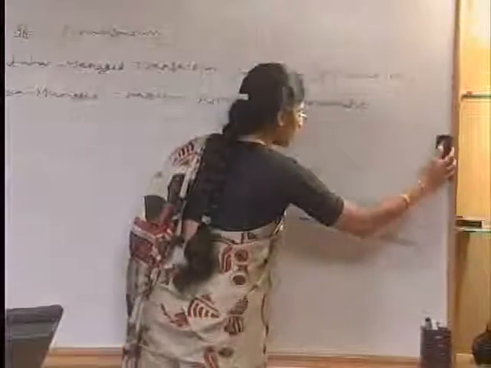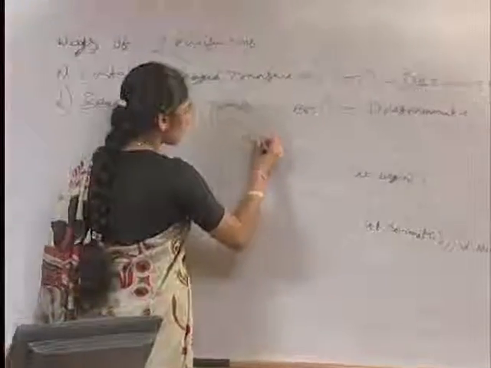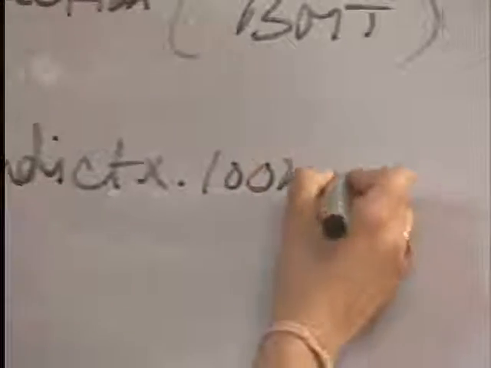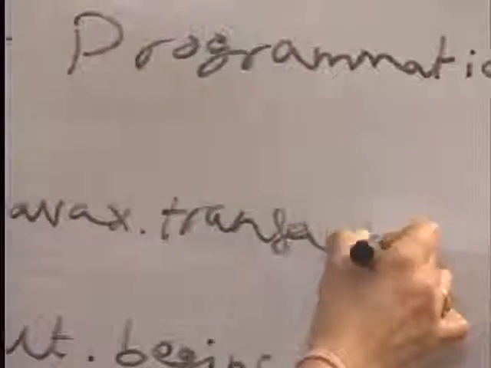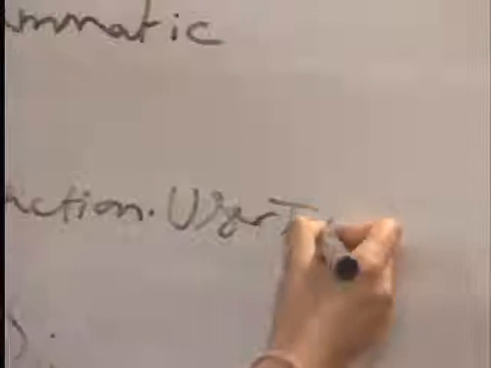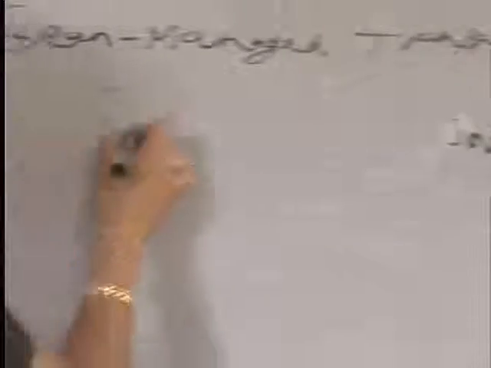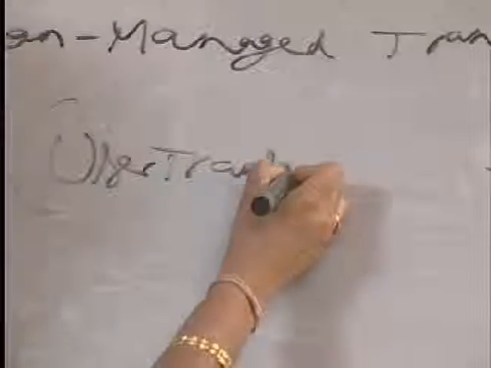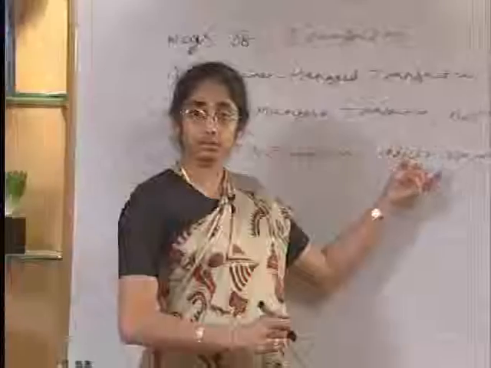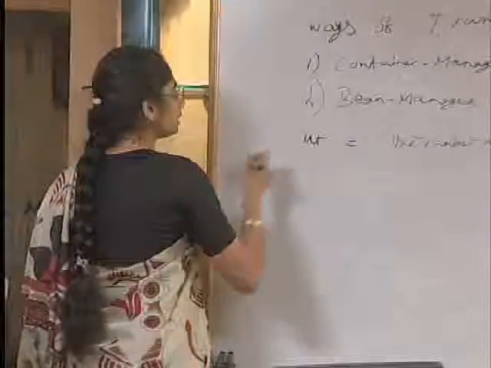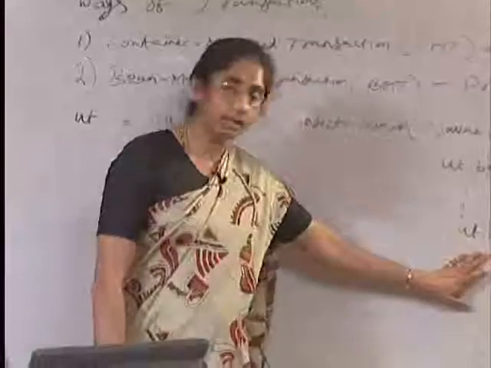In other words, for a client to get a UserTransaction object, it uses the JNDI context object's lookup of javax.transaction.UserTransaction, downcast this to a UserTransaction type, store it into a UserTransaction object, then invoke the begin method, execute the set of work, and finally call the commit or the rollback.